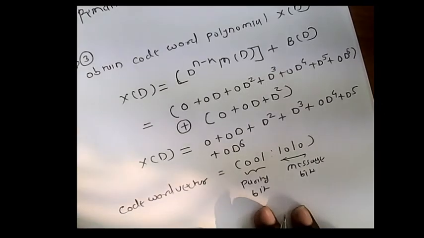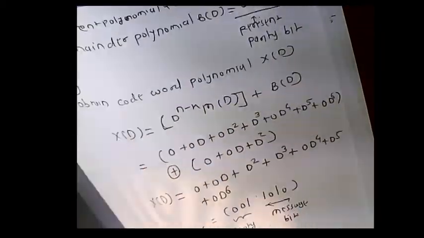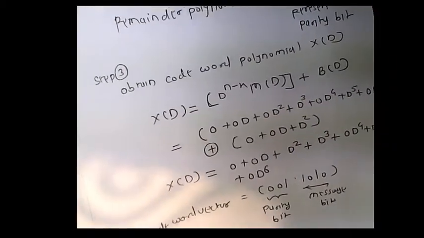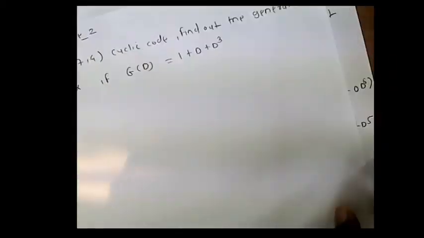Now we take one more example to find out the generator matrix for a 7/4 cyclic code if the generator polynomial is given as 1 plus d plus d cubed.